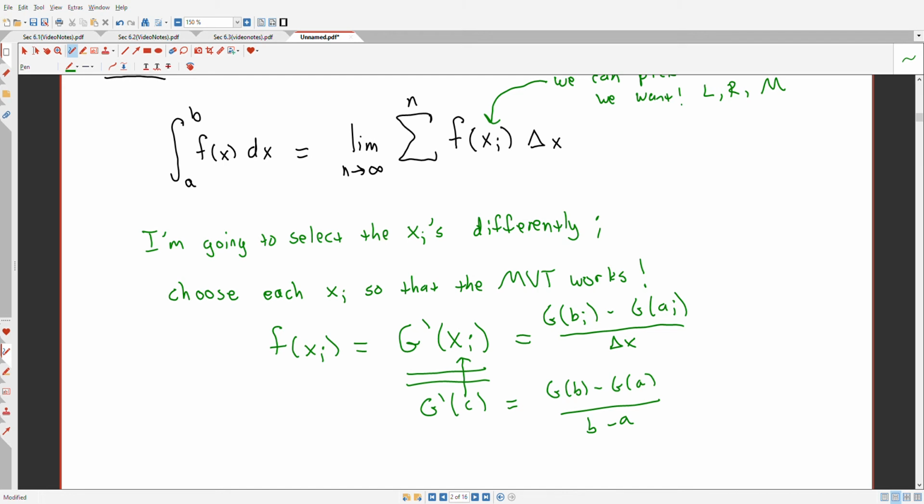So what's really going on is I have partitioned my interval from a to b into a bunch of pieces. I don't pick a left endpoint, a right endpoint, or a midpoint. I pick some point. I can't even tell you exactly where it is, but maybe it's there for the first one, so that f of xi equals this fraction.